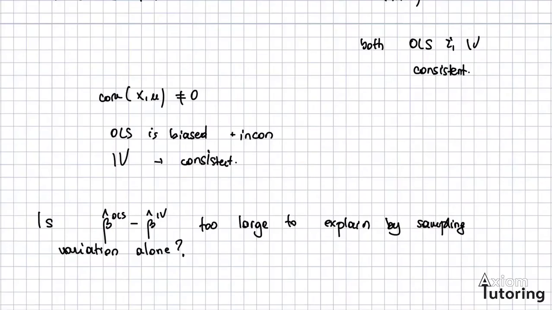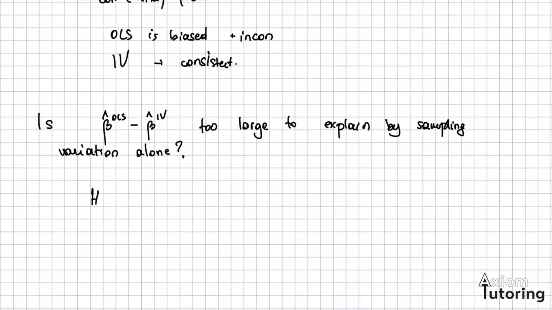So in a sense, what the Hausman test is setting for you as a null hypothesis is basically that the covariance between X and U is 0, and your alternative hypothesis is otherwise, okay, that it's not equal to 0.